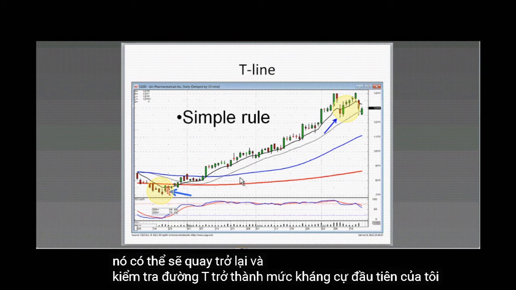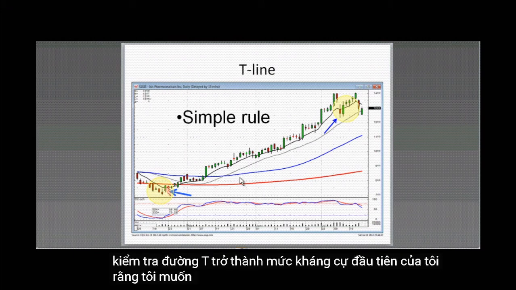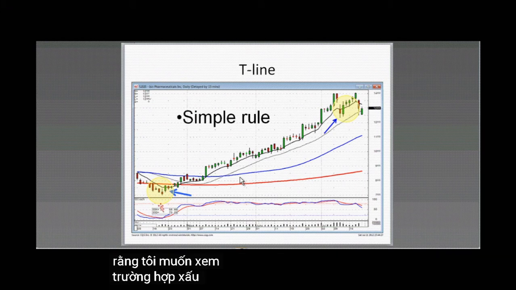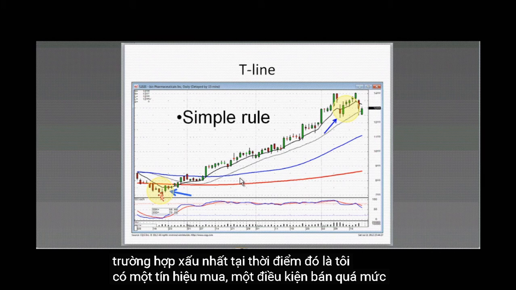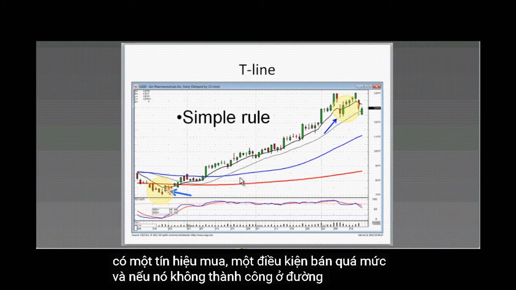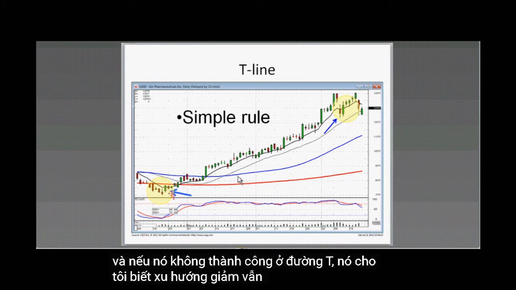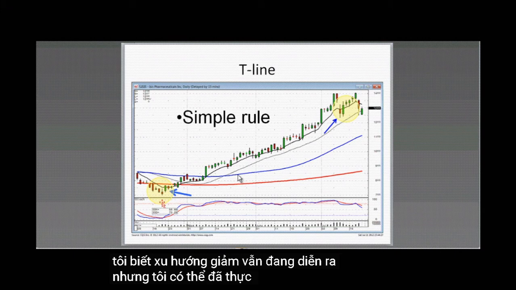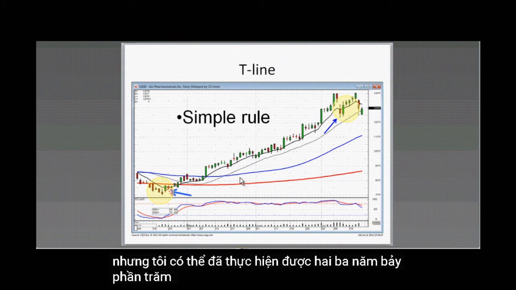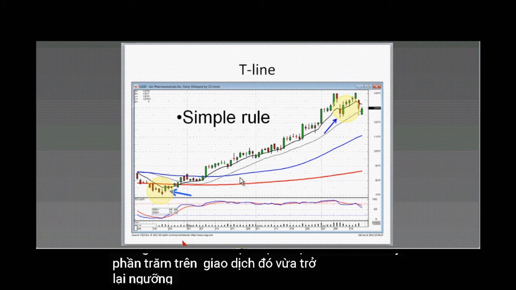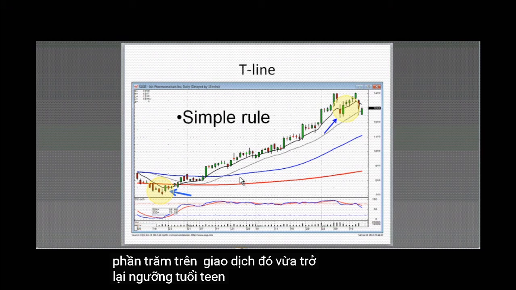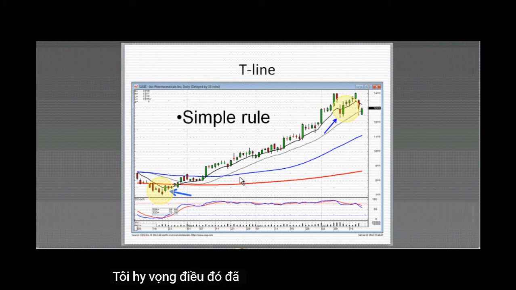That becomes my first resistance level that I want to watch. Worst case scenario at that point is I have a buy signal in an oversold condition, and if it fails at the T-line, it tells me the downtrend is still in progress, but I may have made 2, 3, 5, 7% on that trade just getting back up to the T-line. I hope that answered the question you were asking.